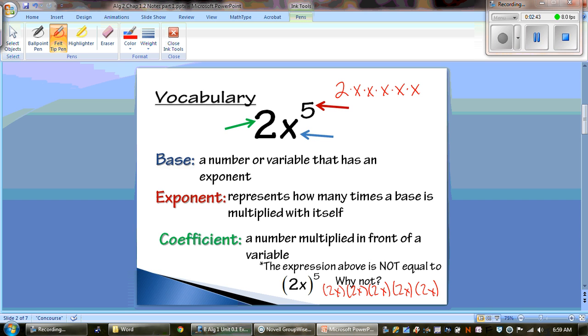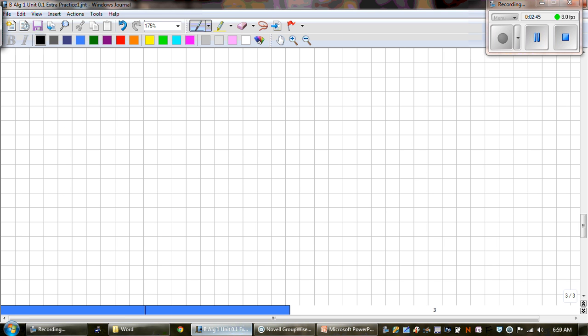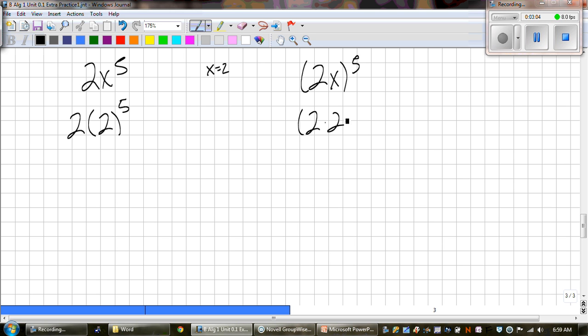Okay? We can even go and see if we can plug something in. If we have 2x to the fifth versus (2x) to the fifth, and let's say that x equals 2. So order of operations, we have to do parentheses first.